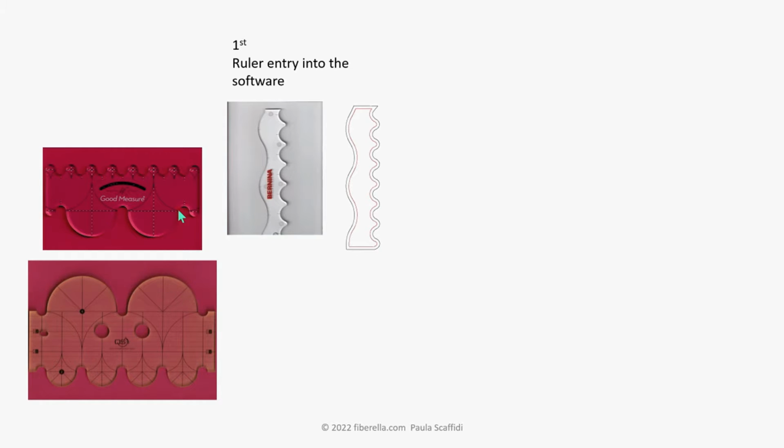You are going to need a good ruler to measure your acrylic rulers with, and it's helpful if it's clear and long enough. So the first goal is going to be to enter those rulers, scanning the irregularly shaped ones.